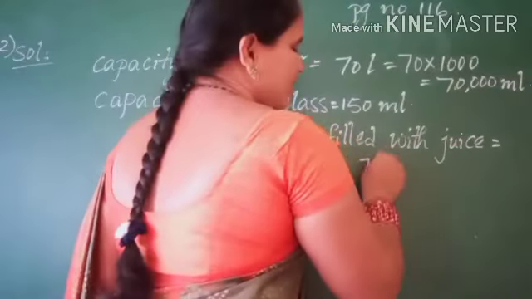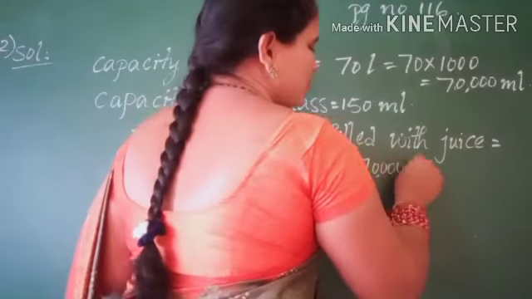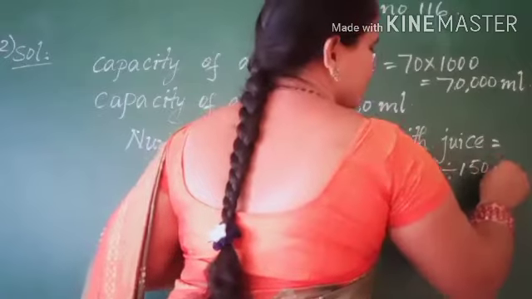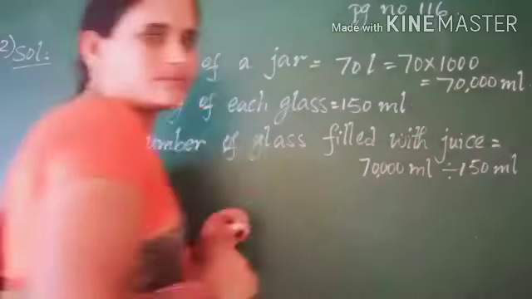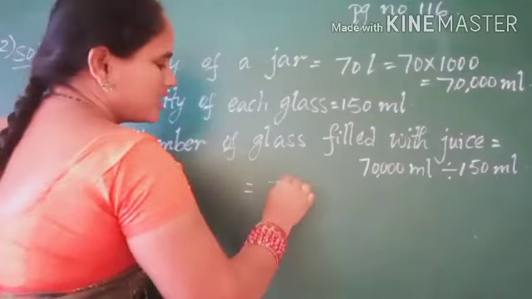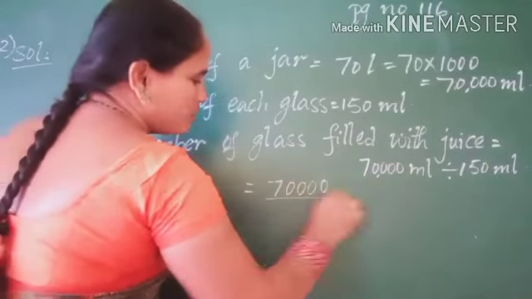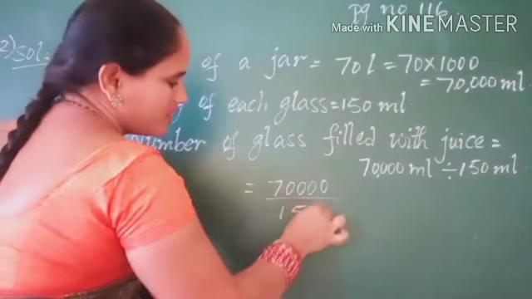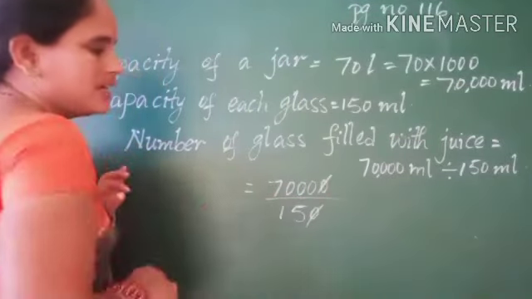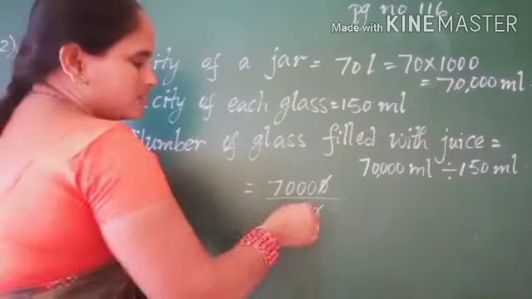Division. 70,000 milliliters is divided by 150 milliliters. Okay. If you want to do it in short form, write the fraction form of this division. 70,000 by 150. First you cancel the zeros. Later you cancel with 15.